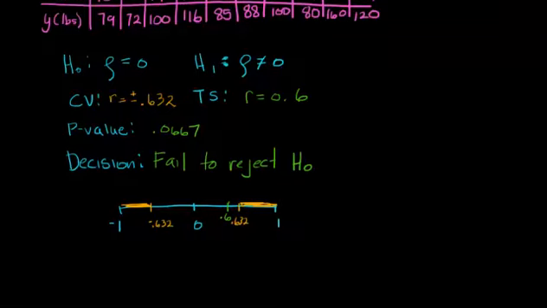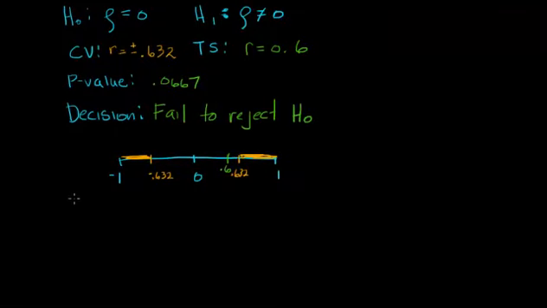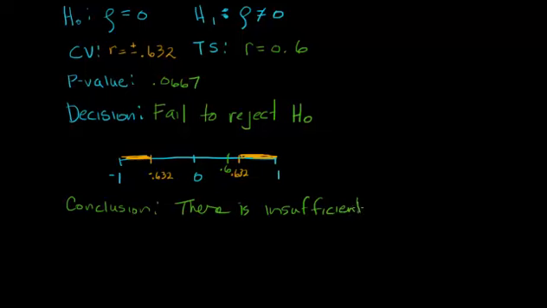Let's write our conclusion. There is insufficient evidence to support the claim that a linear correlation exists between tail lengths of wolves and their weights. There is insufficient evidence. Remember, the evidence comes from the sample.